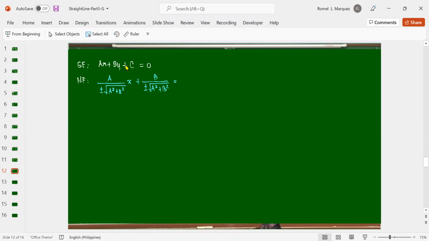When we add negative c on each side, we have negative c on the right side. So negative c over plus or minus square root of a squared plus b squared.